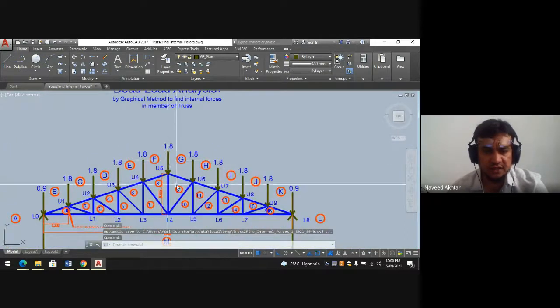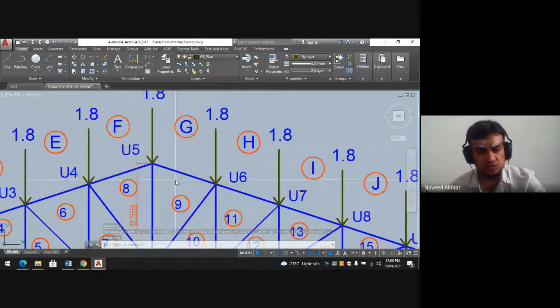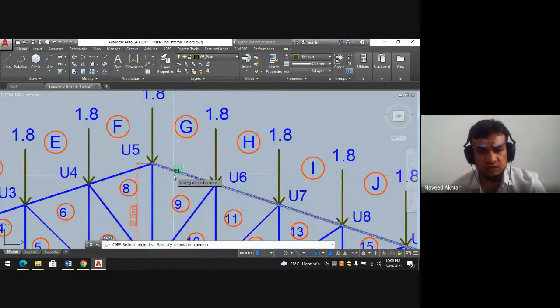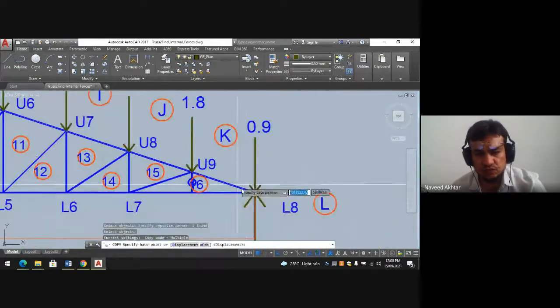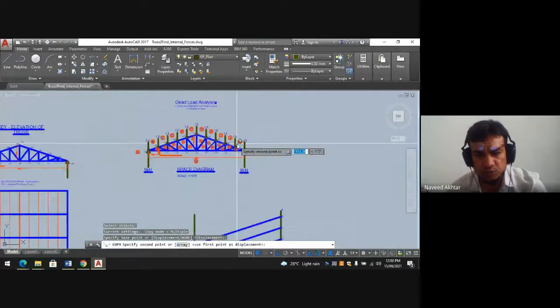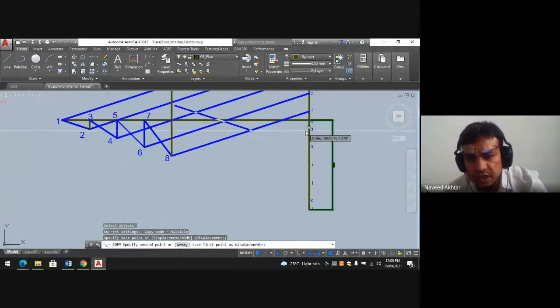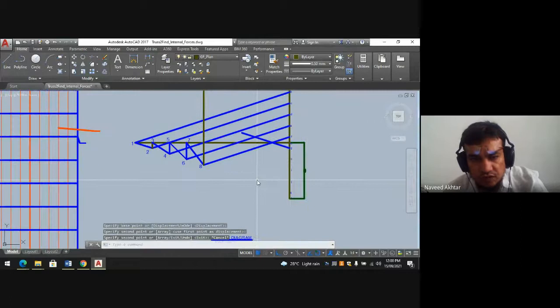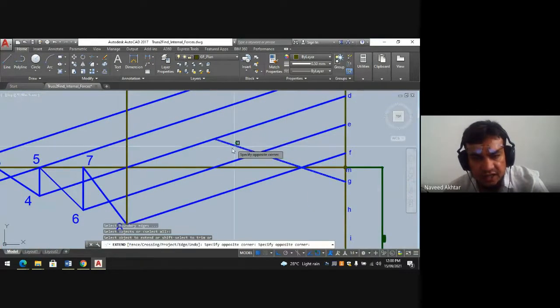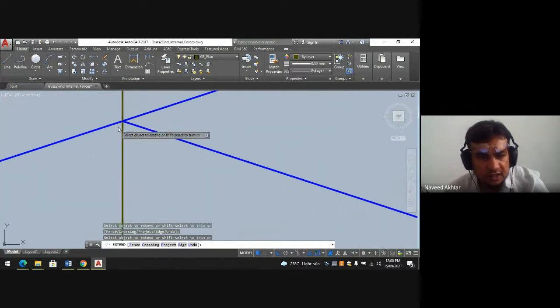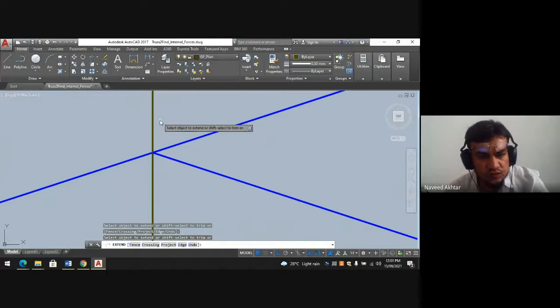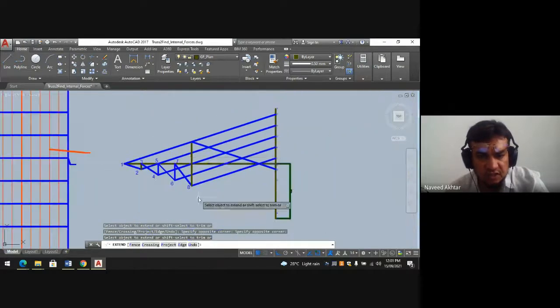G to 9, we incline with this. G is opposite of this here. I will extend this till it meets the 8 vertical line, then that is nothing but the point 9.